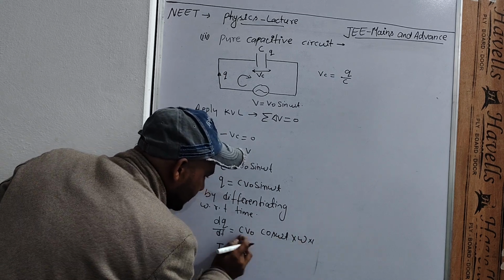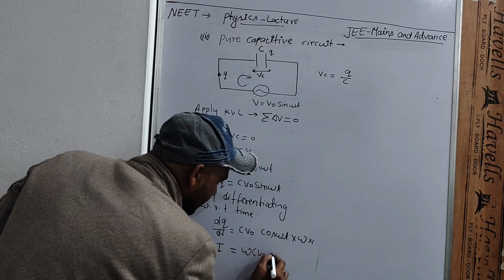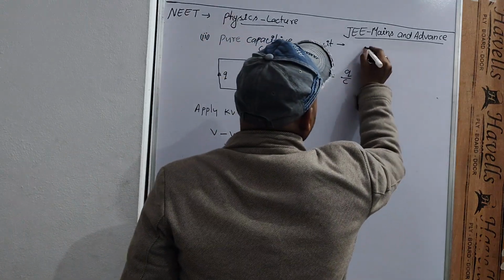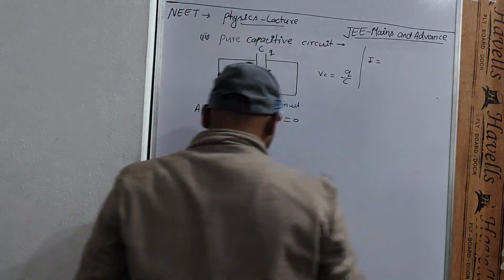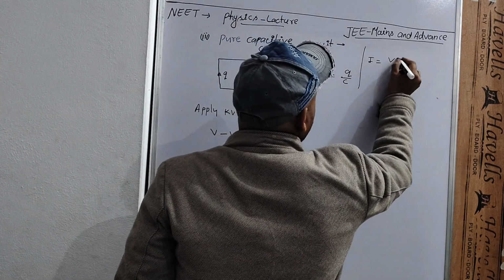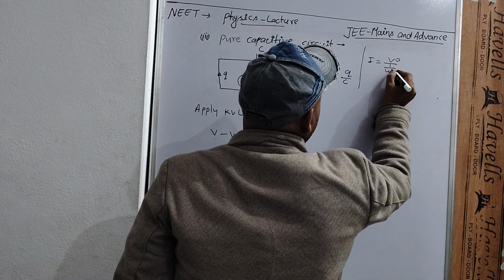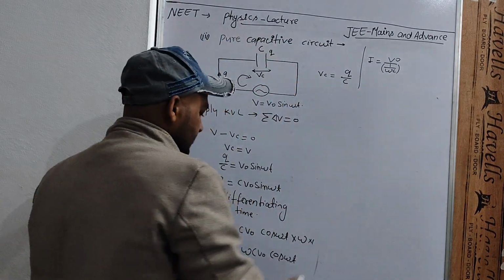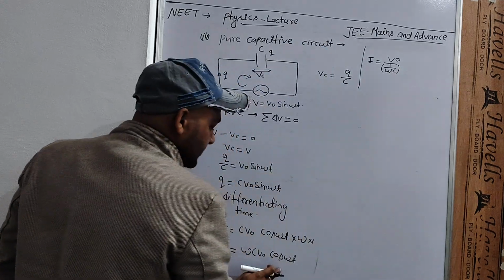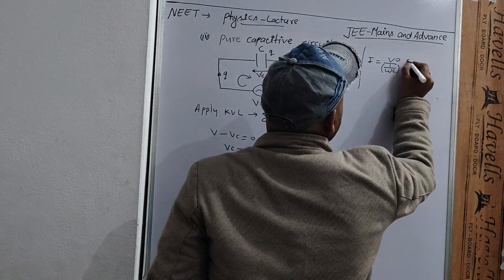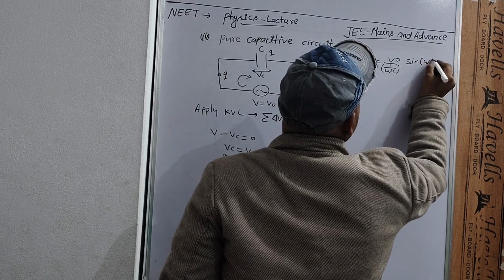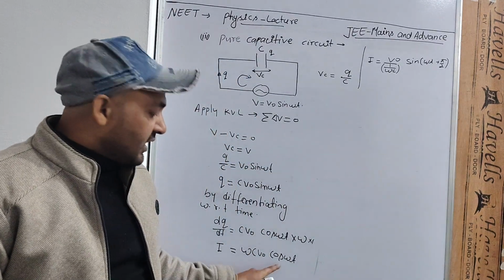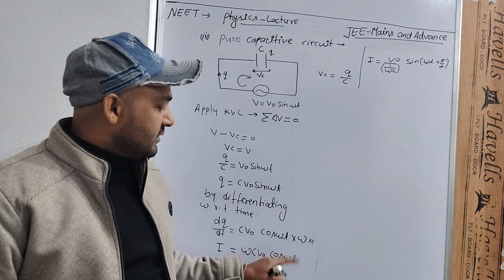This is omega C V naught cos omega t, and we can write this equation as I is equal to V naught over 1 over omega C, and this behaves like a resistance for capacitor, and we convert this cosine function into sine function as sine omega t plus pi by 2, because as we know very well, sine 90 plus theta is always cos theta.